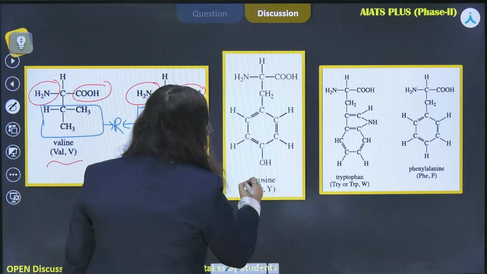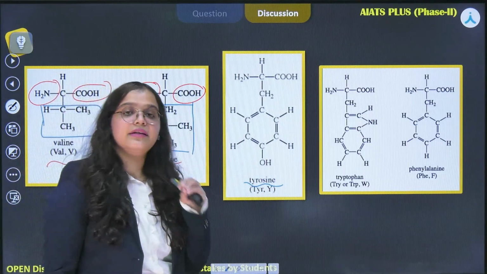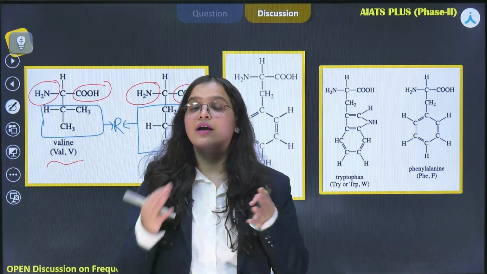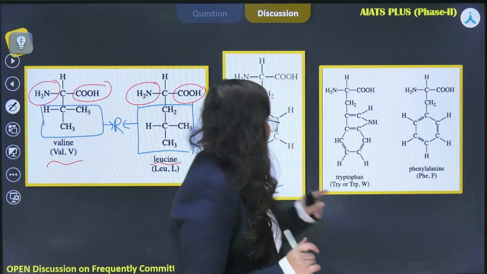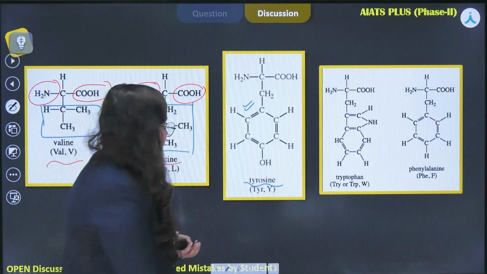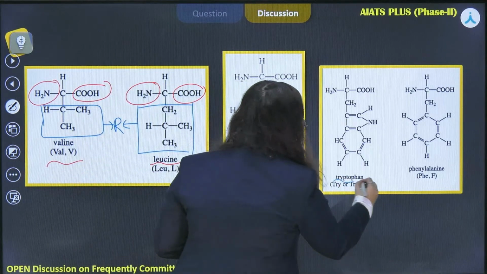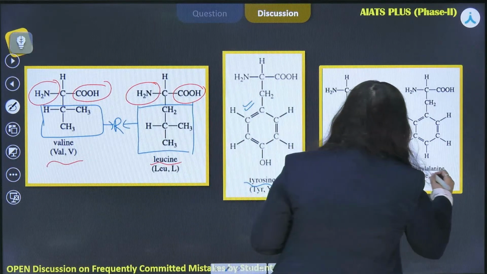Then we have tyrosine, now our NCERT writes that there are 3 aromatic amino acids, which means कि एक अमीनो एसिड के स्ट्रक्चर में एक बेंजीन रिंग और या फिर एक साइक्लिक रिंग प्रेजेंट है. Alright, so for that we have 3 examples given, which are tyrosine, tryptophan and phenylalanine.